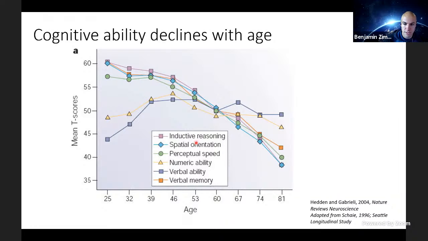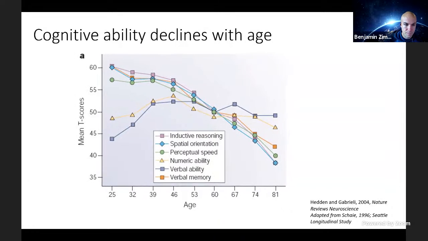And then there are those that are considered to be fluid intelligence abilities that are all kind of lumped in this linear decline, which reflect the ability to reason and think flexibly, often about new problems. And fluid intelligence tends to decline more with age, as you can see here, whereas the crystallized intelligence seems to stay stable or even increase over the lifespan.